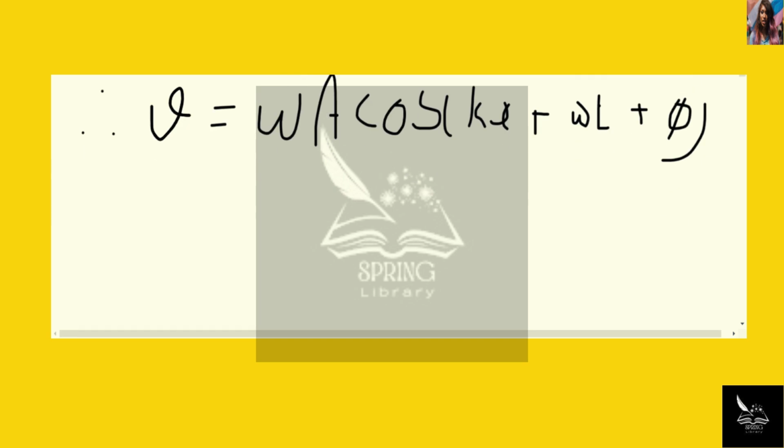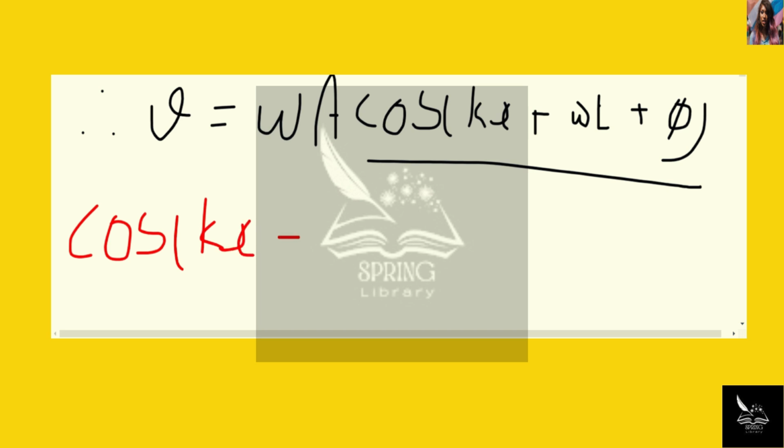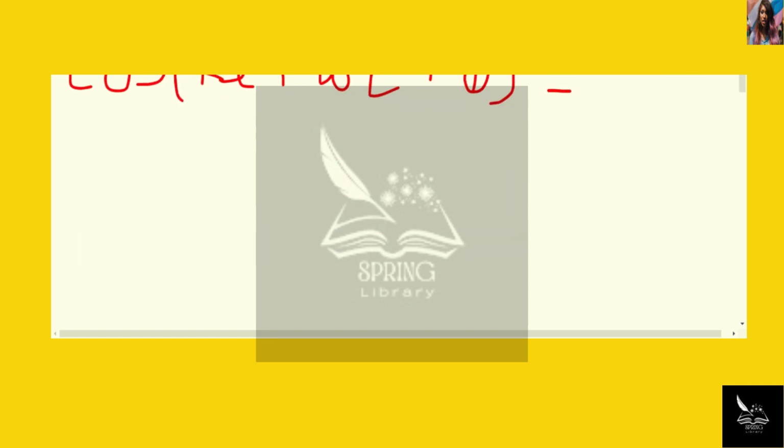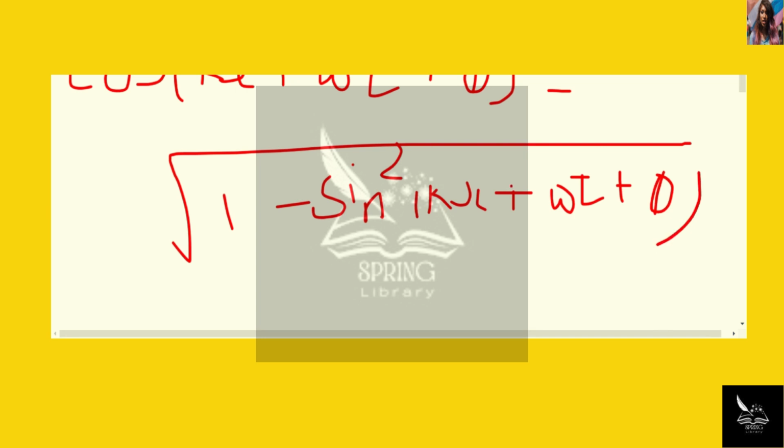To solve for cos(kx plus omega t plus phi), this term I can write as the square root of 1 minus sin square(kx plus omega t plus phi), because we know the general rule, that is cos square x plus sin square x is equal to 1.